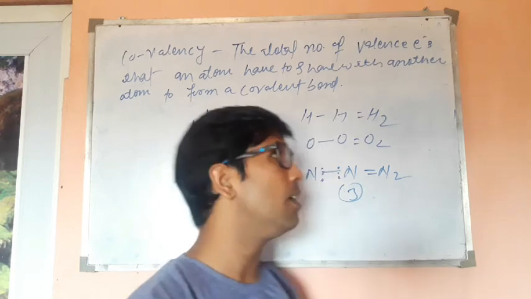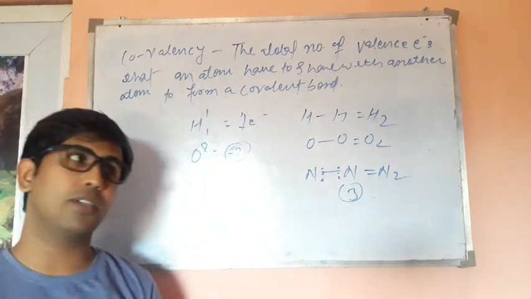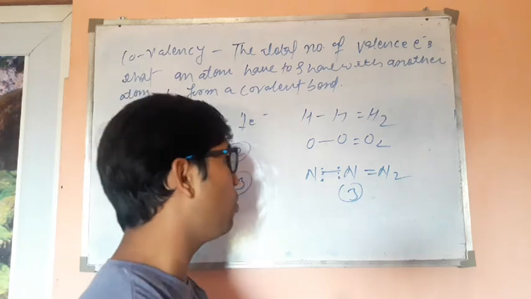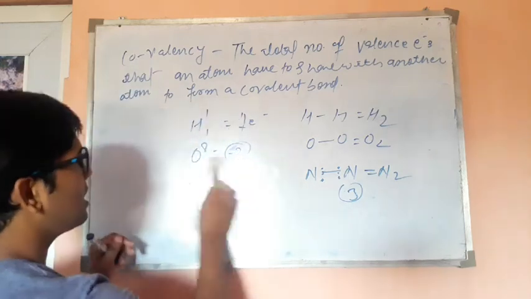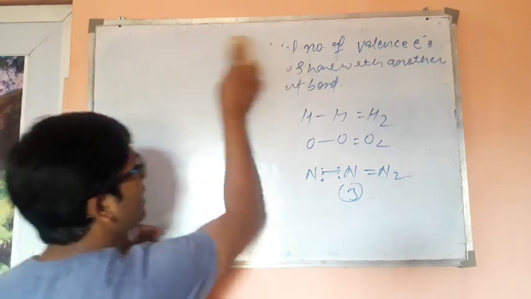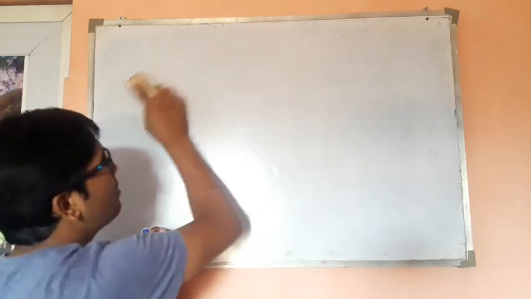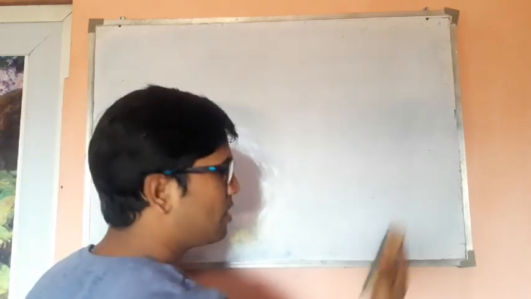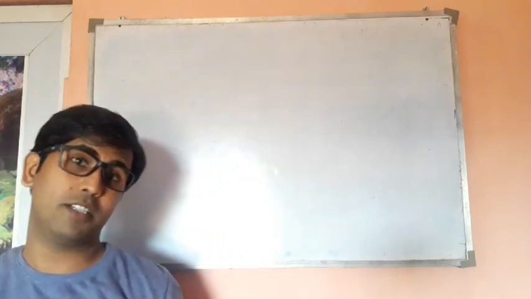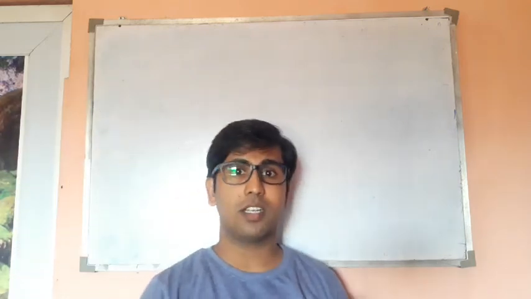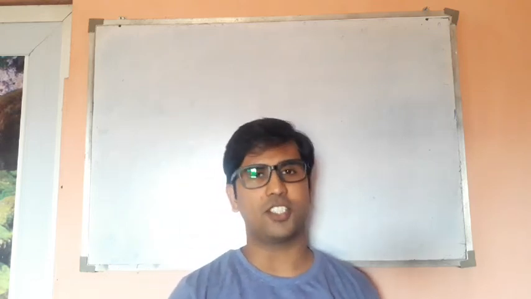Okay, so let's move on and talk about the properties of covalent bonds. What are the properties of a covalent bond? In ionic bonds, as we learned in last classes, when an atom transfers its electron, it becomes chemically very active, or reactive. Ionic compounds have a high melting point because of the strong attraction between opposite charges.